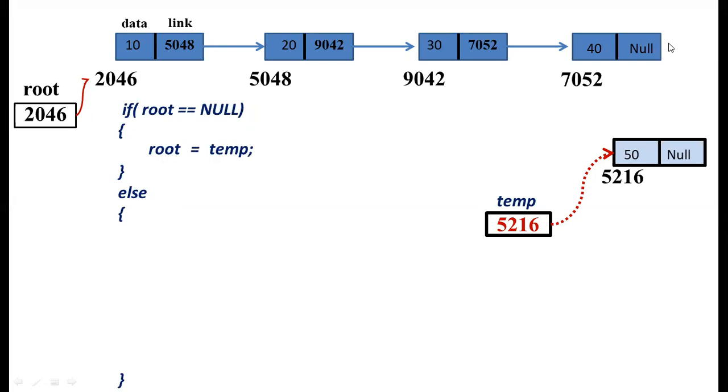Since the root is pointing to some other node at some other location, say 2046, the root is not pointing to null, so this if condition has failed. Now we have to connect. So how can we connect?